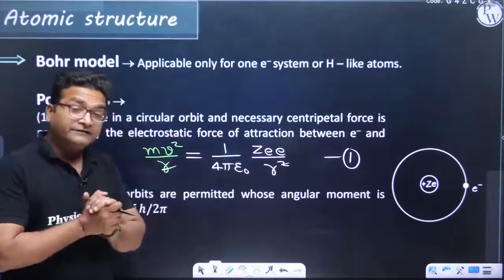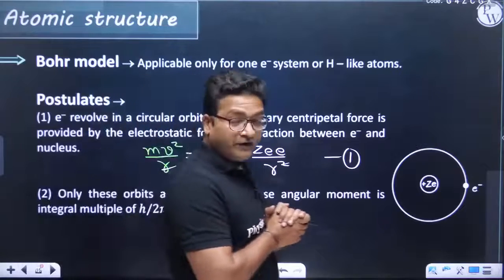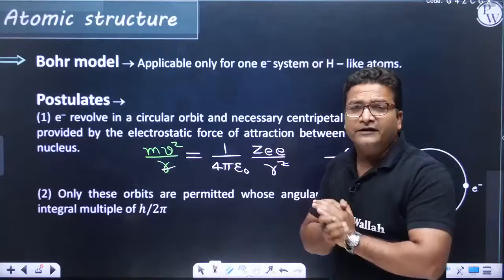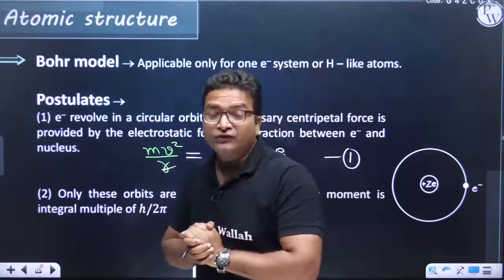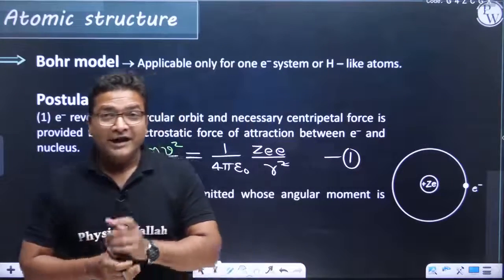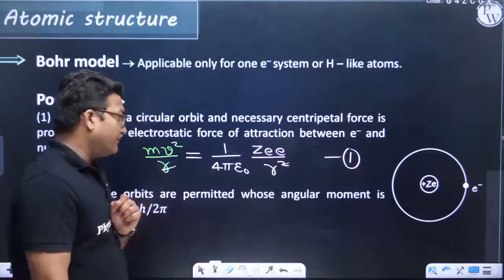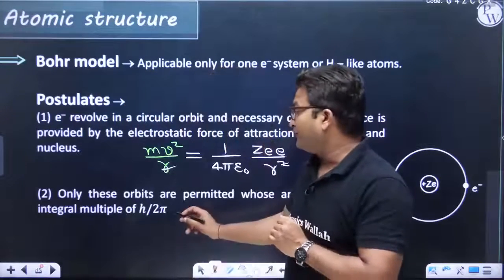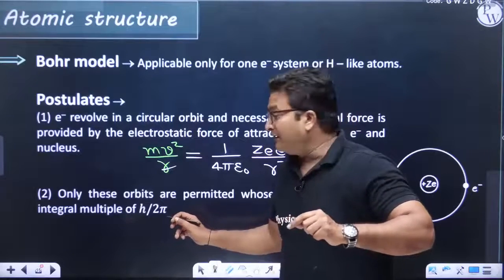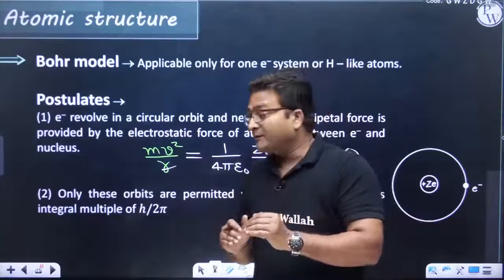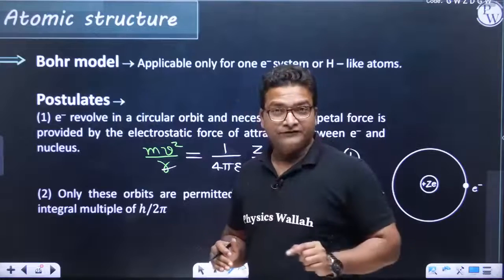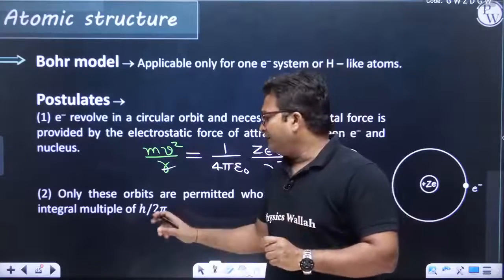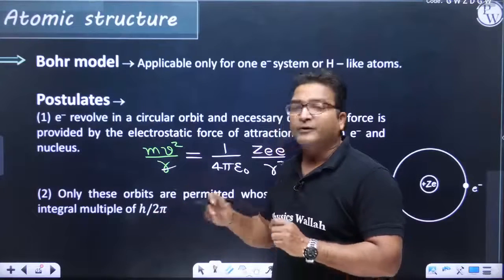Okay, and the second and very important postulate was, he said only those orbits in which angular momentum of electron is integral multiple of h upon 2 pi, electron can be stable in only those orbits in which its angular momentum is integral multiple of h upon 2 pi.